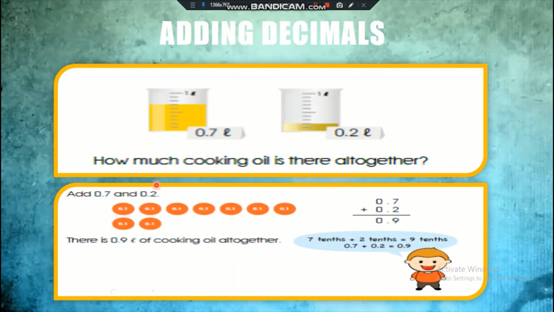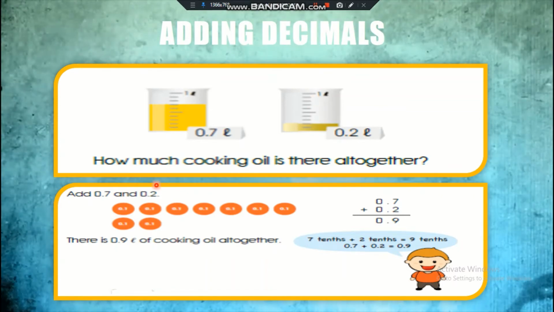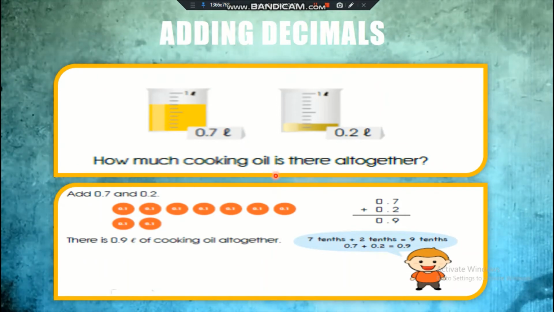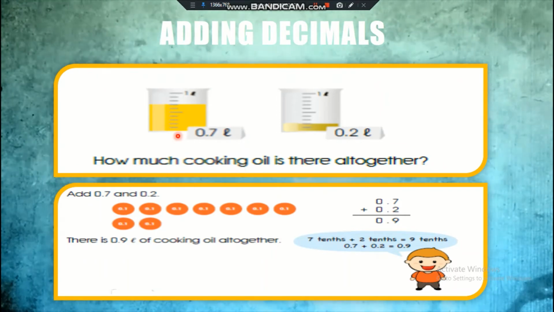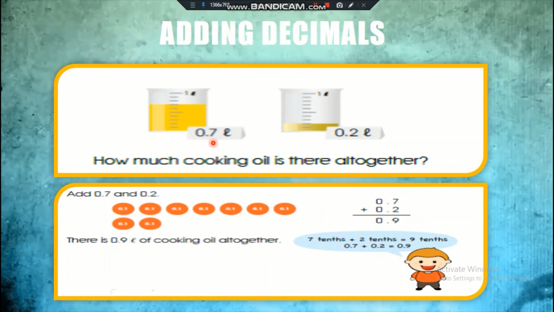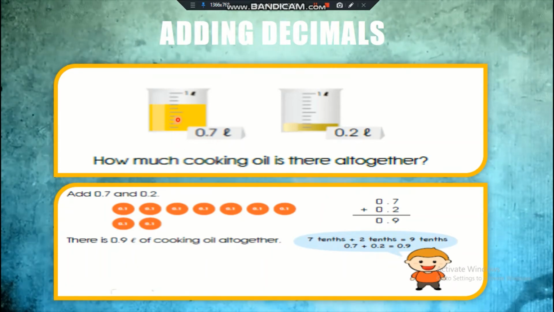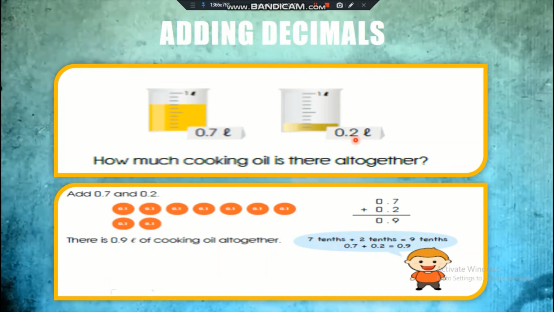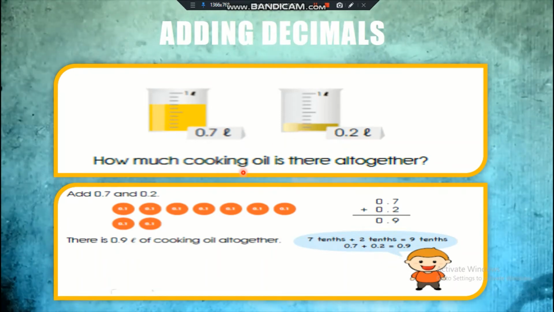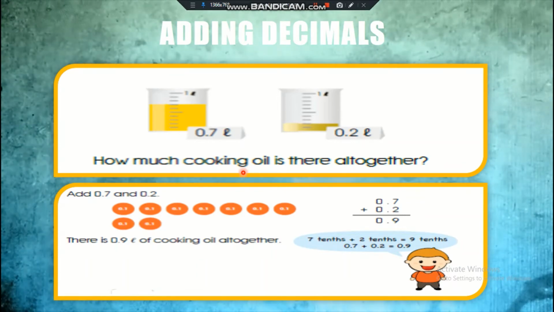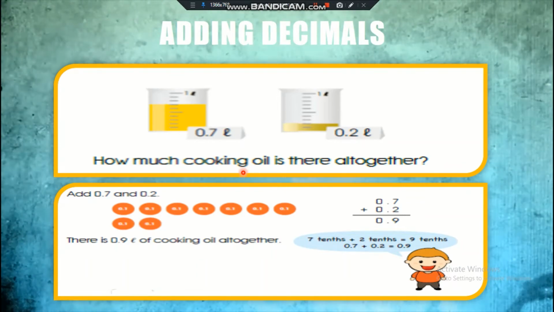Let's see what the question is over here. How much cooking oil is there altogether? We have 0.7 liters in one cup and 0.2 liters in another cup, and they're asking how much cooking oil is there altogether.